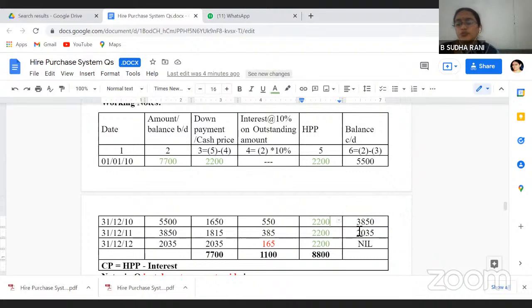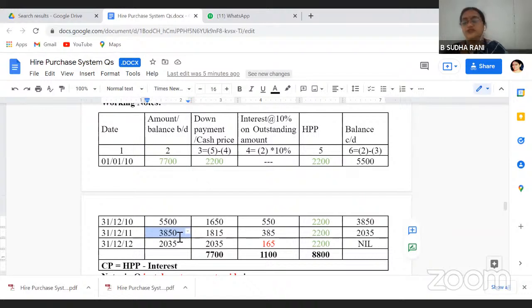That is going to be the cash balance at the beginning of the second year. Upon this 3,850 you calculate the interest, because interest is calculated only upon the cash balance.